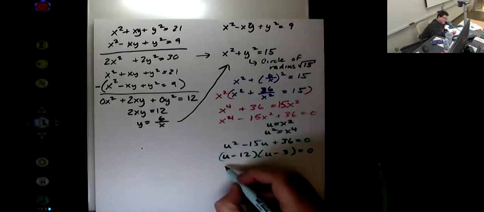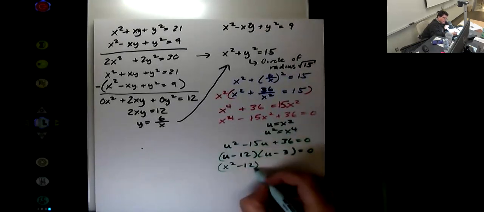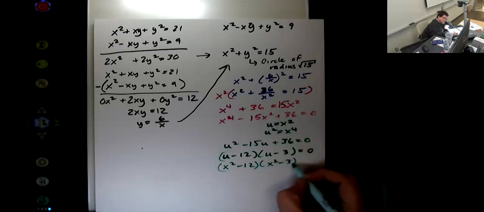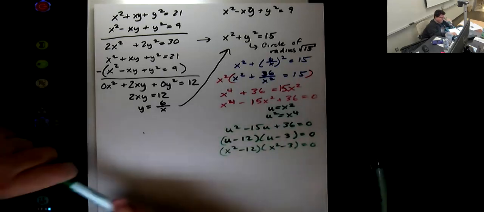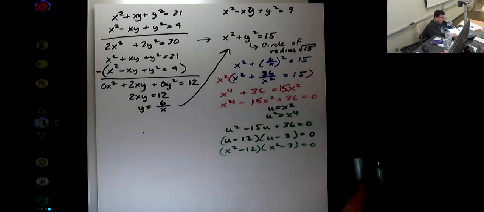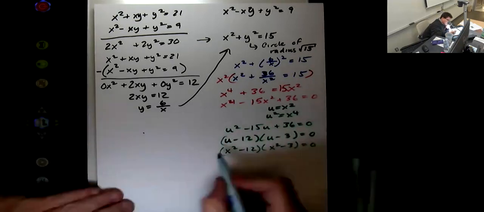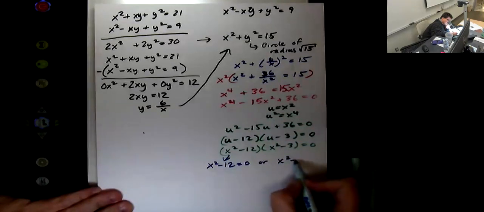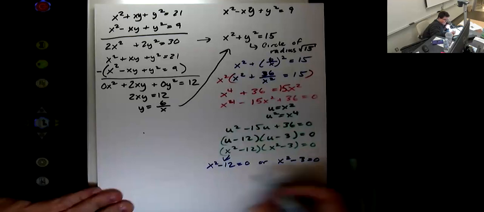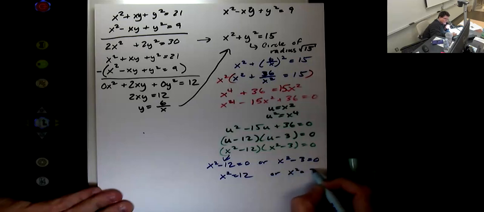And if I put the x squared back in, I have x squared minus 12 times x squared minus 3. So I set each of these equal to 0: x squared minus 12 equals 0, or x squared minus 3 equals 0. I get x squared equals 12, or x squared equals 3.